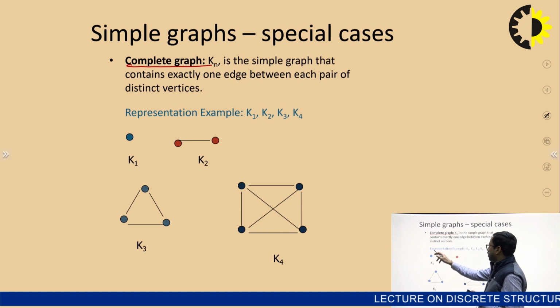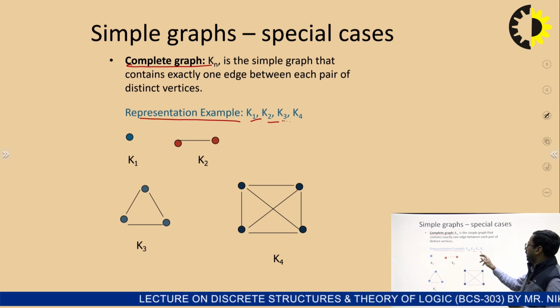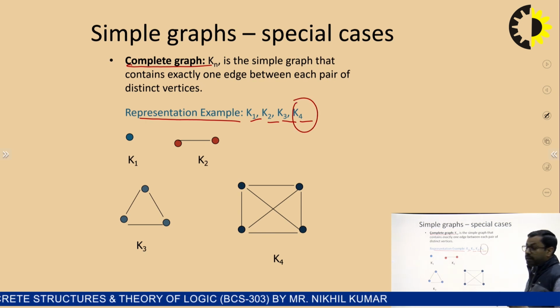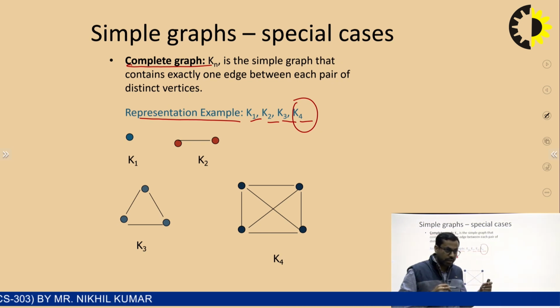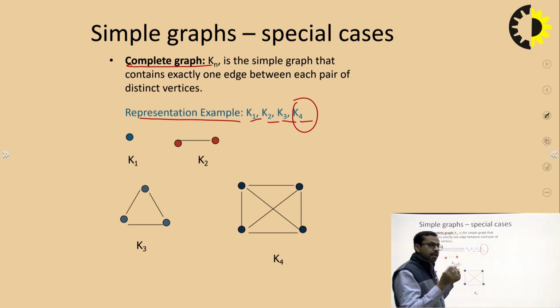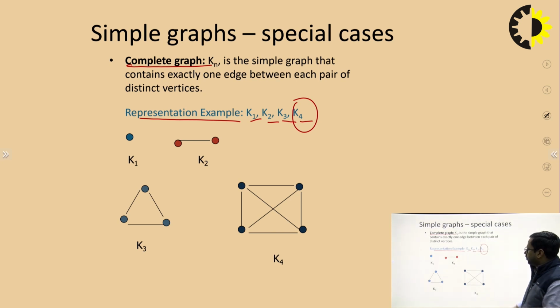We can represent K1, K2, K3 and K4. If we use the term K4, that means there are four vertices connected with each other in such a way that a direct connection to each node exists.